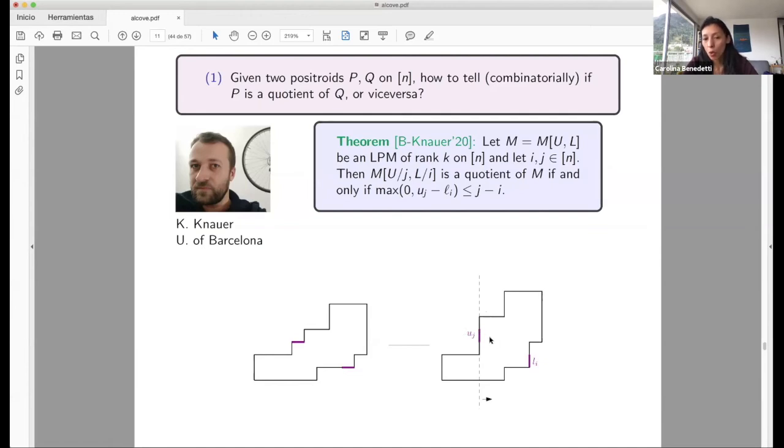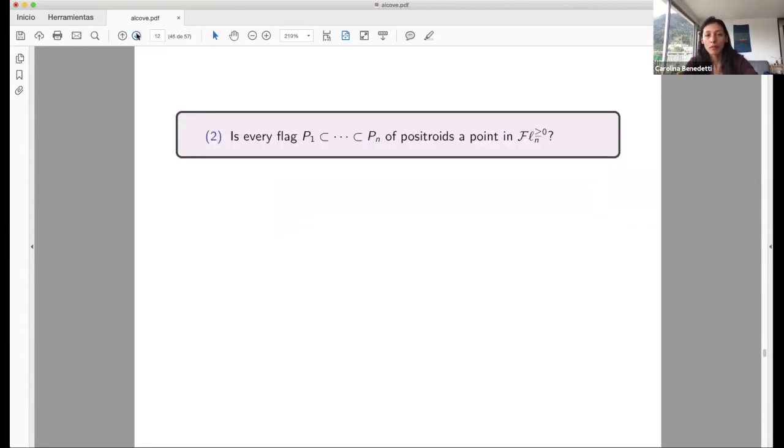And to construct a quotient, you just pick a lower step, and that lower step has to be weakly to the right of the upper step you selected. With your choice, you delete both of them. You delete U_j and L_i, and that gives you the lattice path matrix on the left, and that happens to be a quotient of the one on the right. And that's an if and only if.